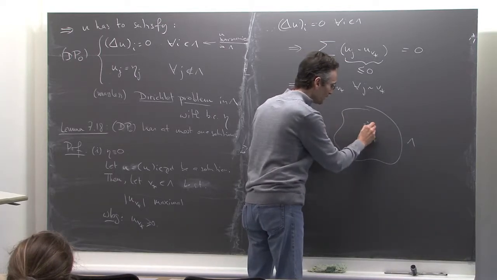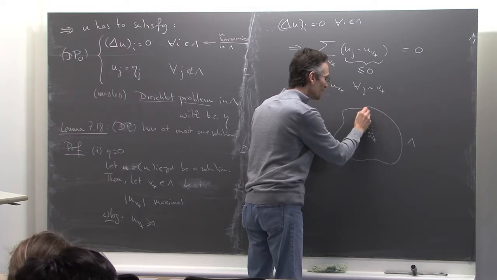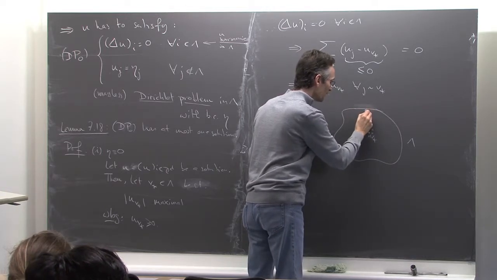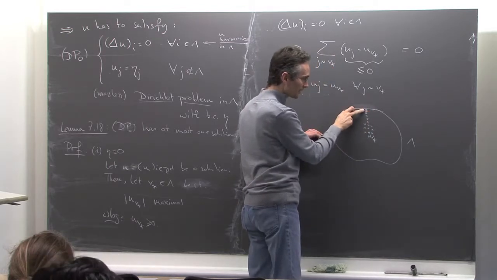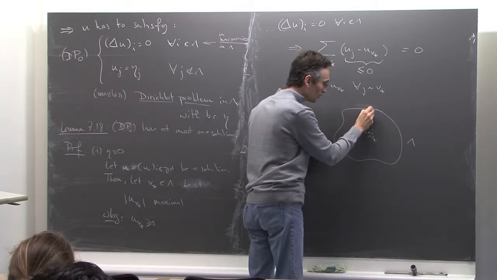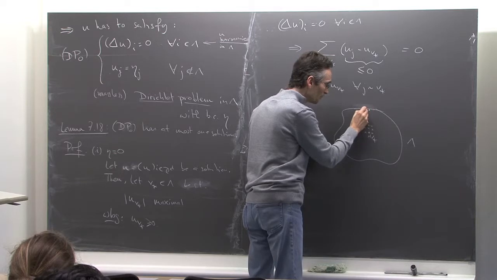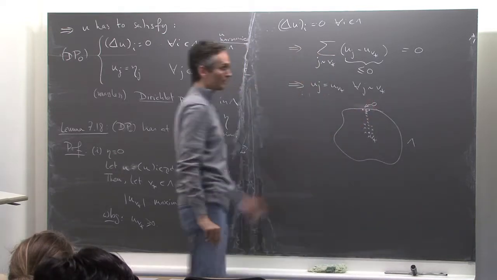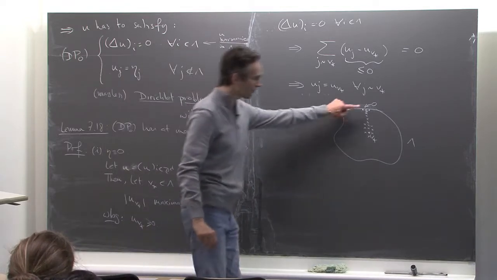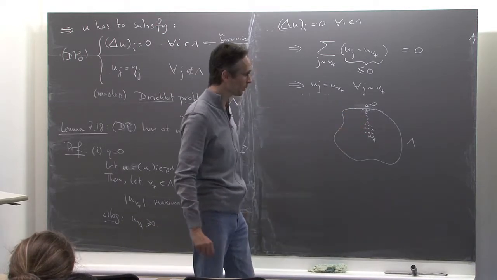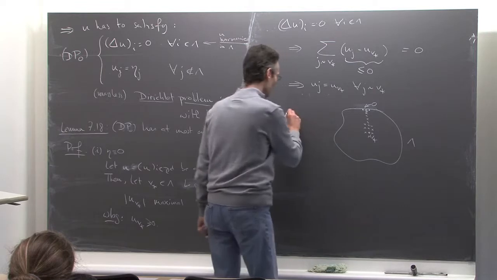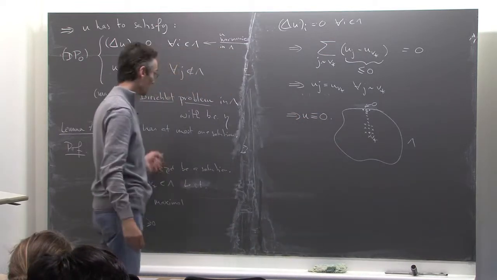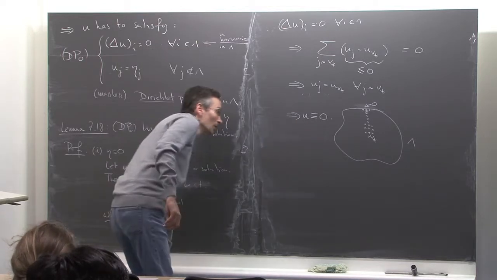And then you go on like that, until you reach a point which is next to the boundary, and you apply it once more, and you conclude that it takes the same value as all its neighbors, but these neighbors take value 0 because they are outside the box. So that means that everywhere I've put my crosses, I have zeros. So u is identically 0, and therefore there is only one solution. The solution is 0.